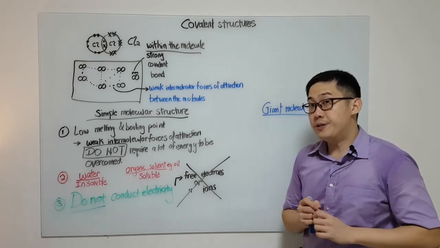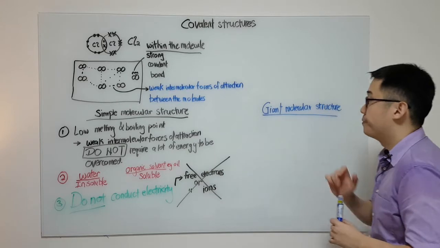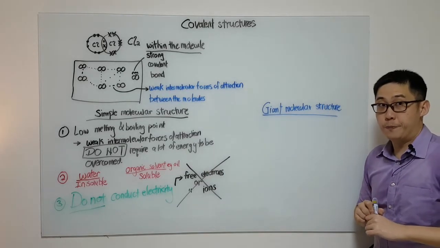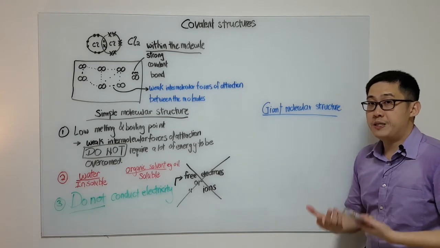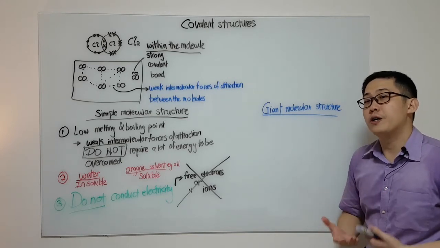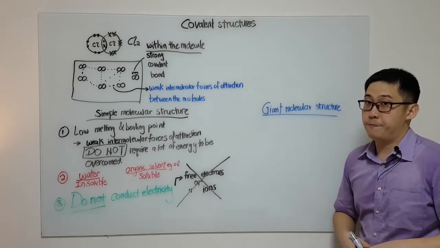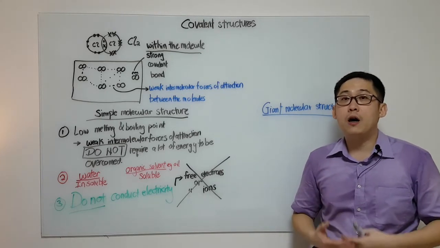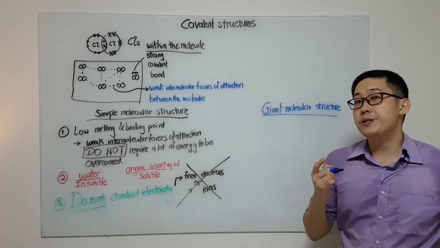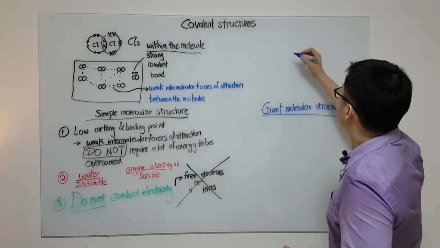Let us now consider your giant molecular structure. A giant molecular structure basically is as such. We want to consider the example of diamond. We all know that diamond is made up of carbon. Consider with me carbon.